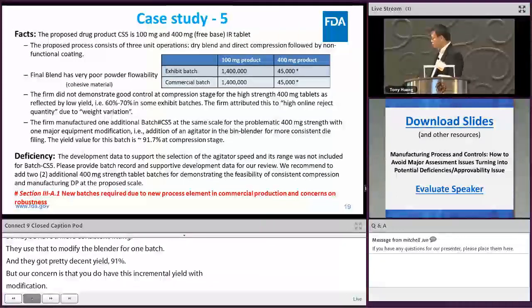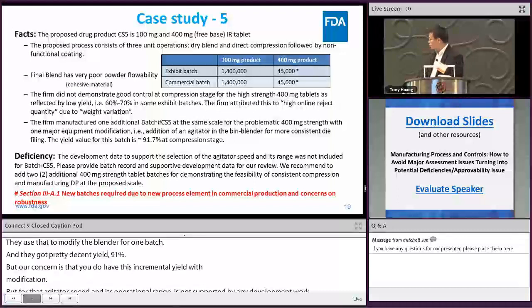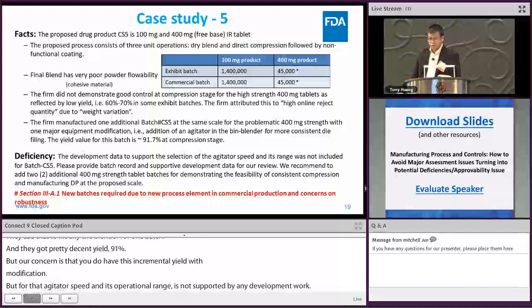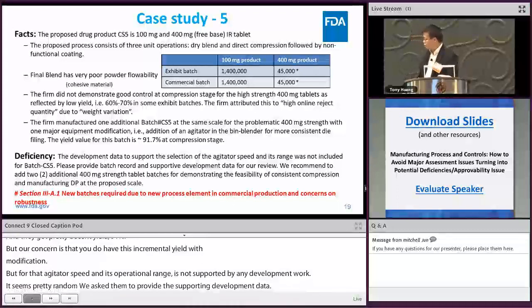It seems pretty random. And we asked them to provide the supporting development data. And also, for regulatory consideration, we asked them to manufacture 2 additional 400 milligram strength batches to demonstrate the feasibility of consistent compression at this smaller scale.